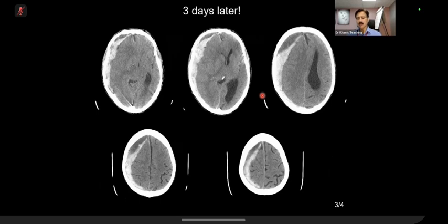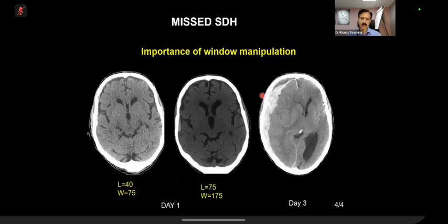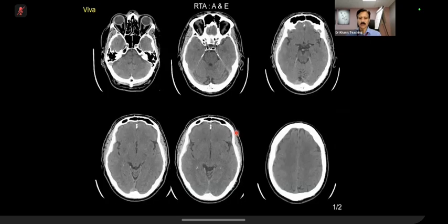He died actually. So what are the learning points here? That this is the window. The literature tells you level 75 and window width 150 to 200. This is your choice. I usually use level 75 and width 175. Otherwise you are going to miss this kind of subdural hematoma.